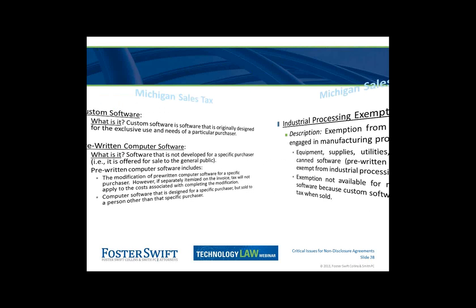But there's one important caveat if you're thinking about utilizing the industrial processing exemption: it will only provide you an exemption from sales or use tax if you are developing or manufacturing canned computer software, okay? Because the point of the industrial processing exemption is to avoid double taxation.